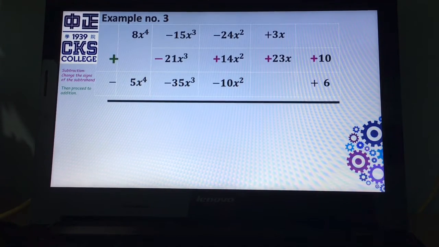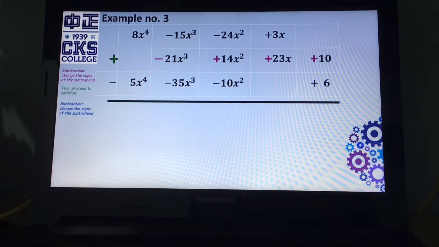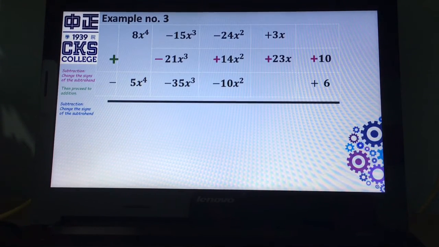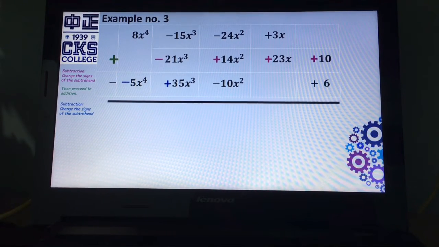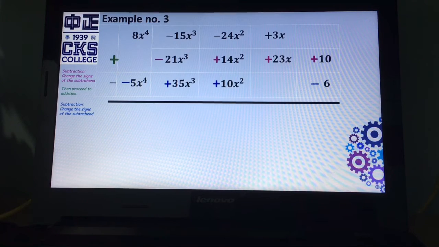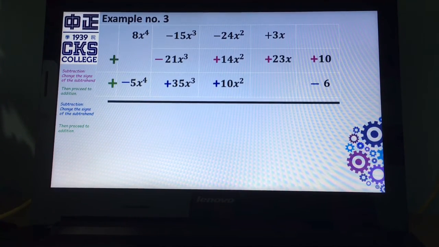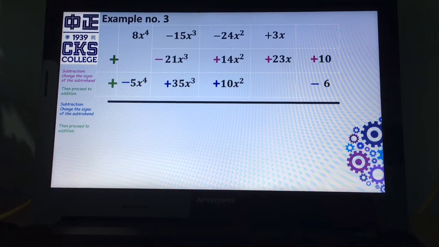Then you proceed to addition. So same with the third line. You change again the signs of the subtrahend. So you have negative 5, positive 35, positive 10, and negative 6. Then proceed to addition. So you have to add them vertically.